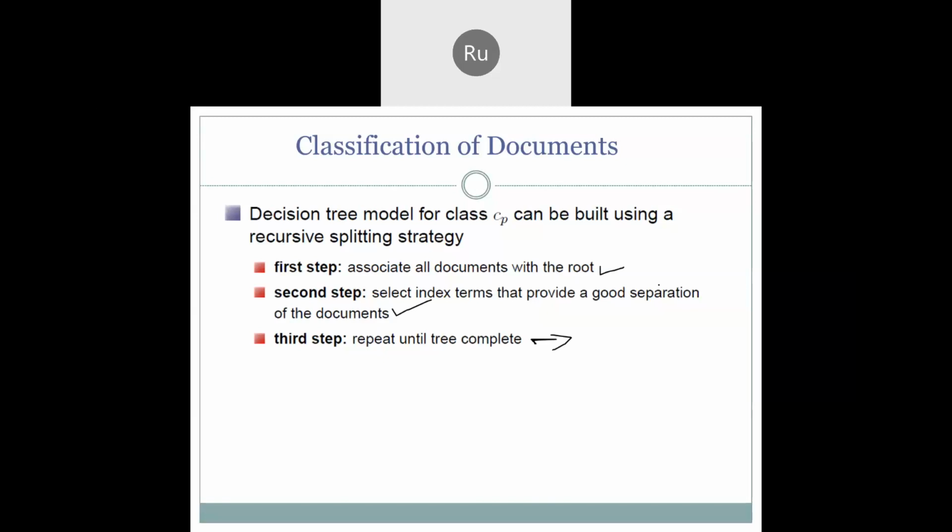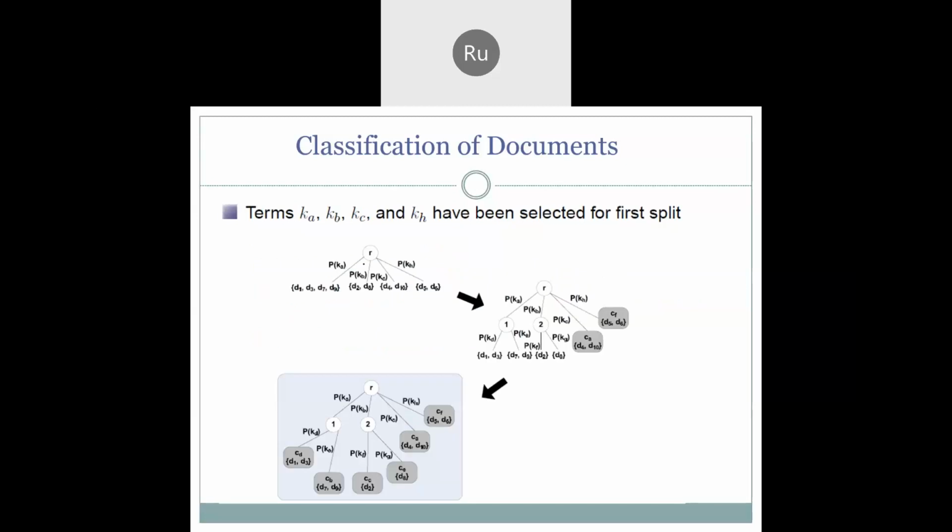Okay, so for example, over here we are looking at keyword A, keyword B, keyword C, and keyword H. So we split them into subsets, and then further on we will look at keyword D and then E to split them further at the second level.